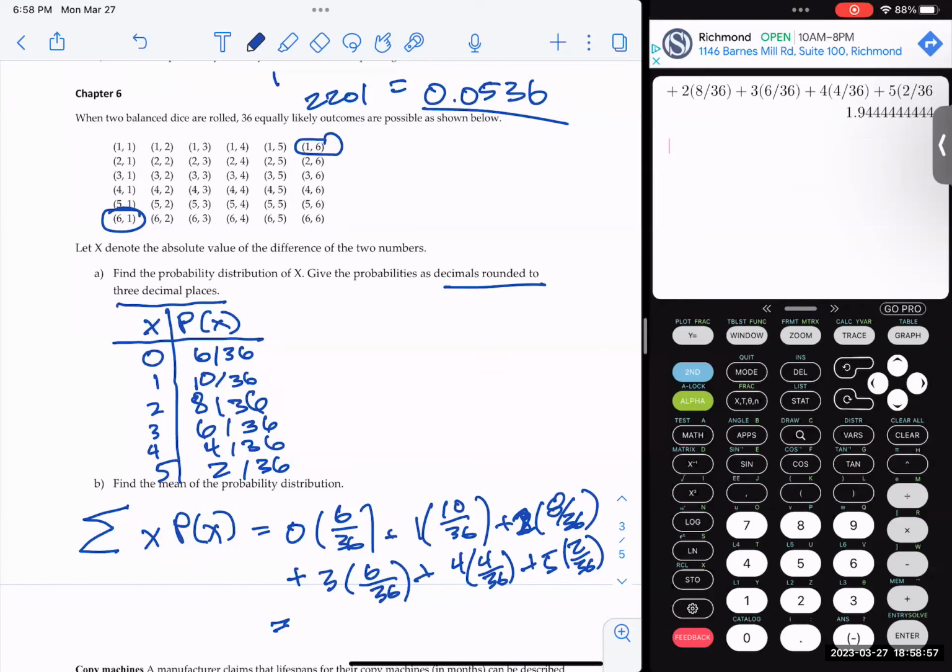And that's going to give me 1.9444, which makes sense that it would be a smaller number because look how much heavier they're weighted on this side. When we get all the way out to 5, there's only 2 of those that are possible.